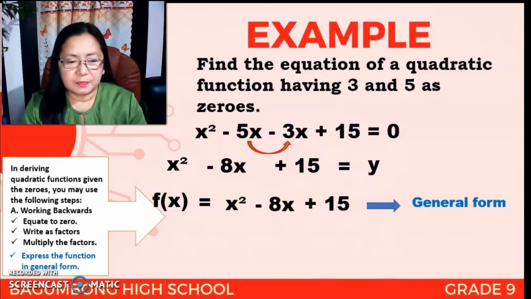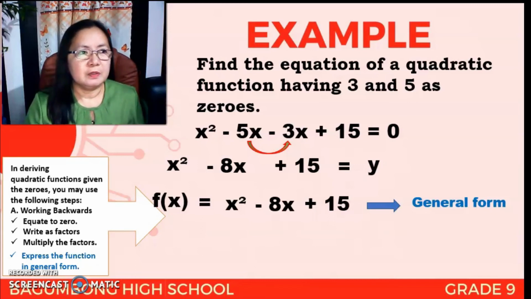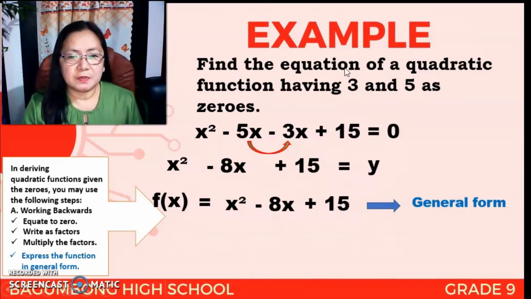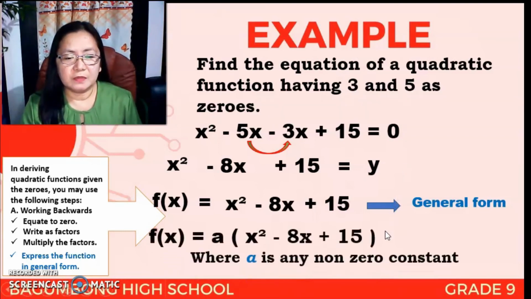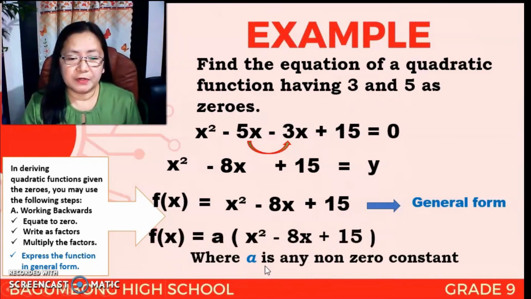And since f of x is equal to x squared minus 8x plus 15 is not unique, meaning to say there are other quadratic functions whose roots or zeros are 3 and 5. So, the equation now is f of x is equal to a quantity of x squared minus 8x plus 15, where a is a non-zero constant.